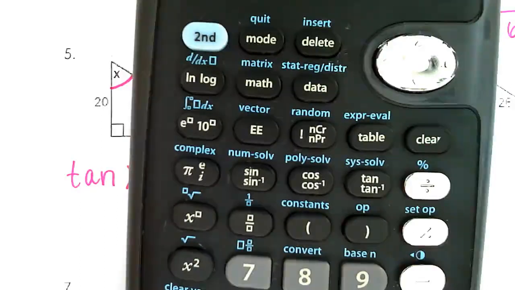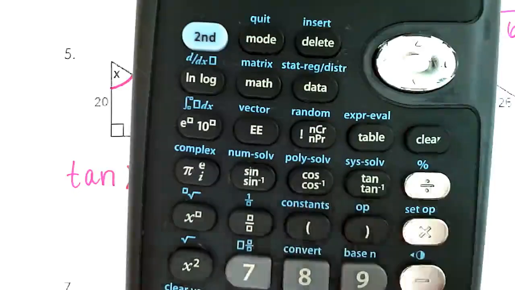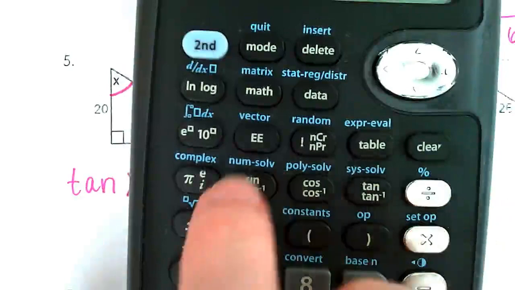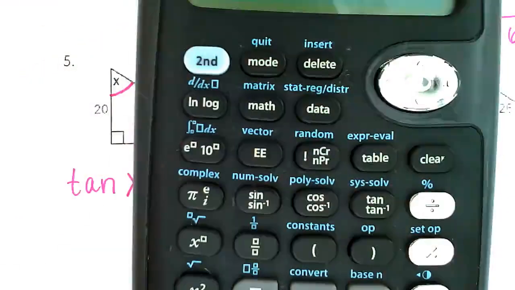Normally we would say, I want the sine of 25 degrees. Well, this time we don't know what the angle is, so we're trying to figure out the angle. Whenever we're figuring out the angle, we need to use the inverse one. In this calculator, I just have to double click. If it's written above, remember, that means you just have to press the second and then that button. So whatever you need to do on your calculator.